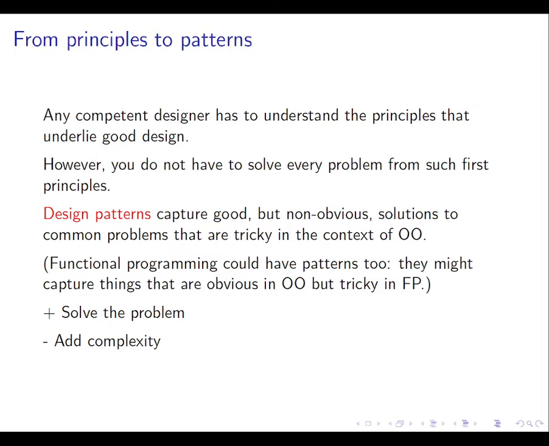And so you'll sometimes come across people saying, oh, those design patterns, they're just stuff that the object-oriented people need because they're too silly to use functional programming, and if only you used functional programming languages you wouldn't need these patterns because it would be obvious, it would be easy. Okay, and that might be true in the case of particular patterns, but it would completely miss the point because there are different things that are easy in OO and hard in FP.